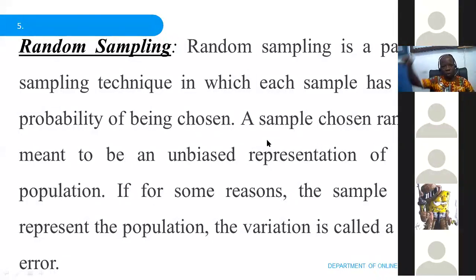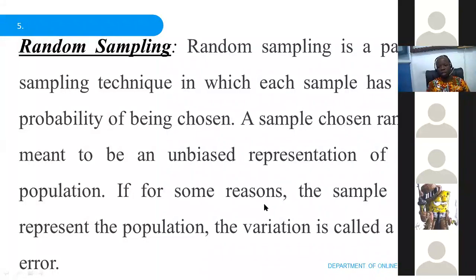If you are picking one without taking notice of what you are picking, you are selecting randomly. A sample chosen randomly is meant to be an unbiased representation of the total population. So if you are picking something randomly, it means that it is unbiased. It means you are fair, you are sincere, you are not cheating.